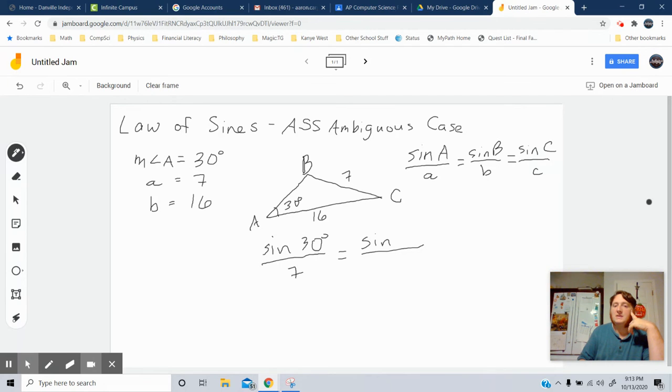The other side length that we know is 16, so this would be angle B. The first thing we would try to figure out is angle B. Once we know angle B, we might be able to figure out another side length because we'll be able to decide what angle C is using angle B. From there, it's largely a calculator problem. So on a calculator, make sure you're in degrees, sine of 30 divided by 7.